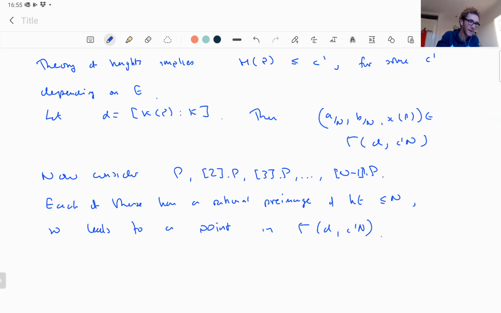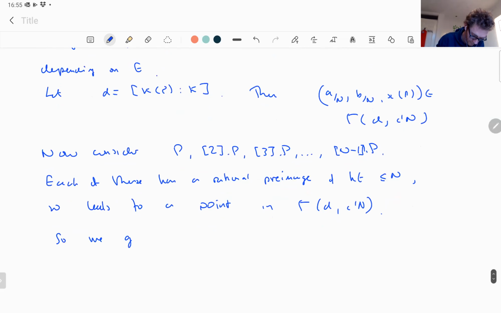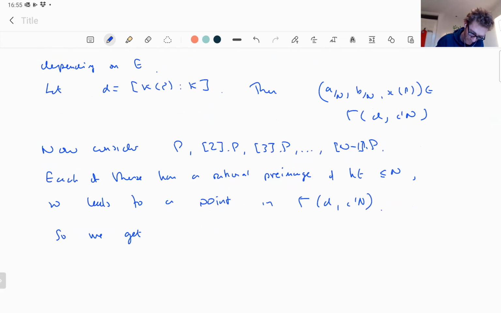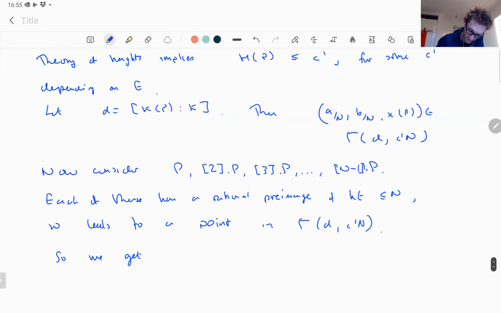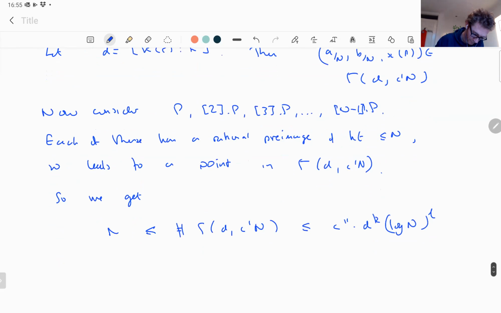So what do we get? Not quite all distinct, because I haven't distinguished the y coordinates, but at least half of them are going to be distinct. So the number of points on gamma is less than or equal to our polylog bounds, something like c2 prime d to the k log n to the l, and at least, I don't know, n over 3.